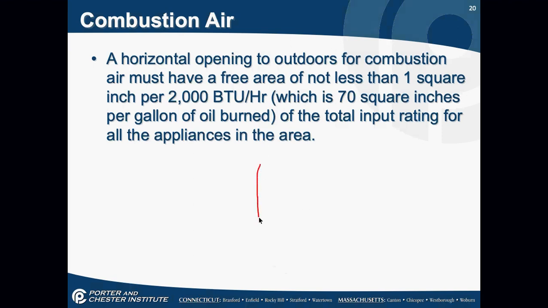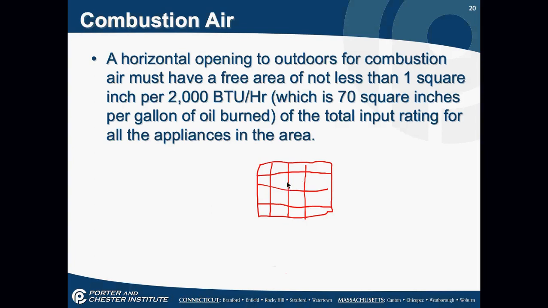Now, when we talk about free area, this is important. You have a grill, might have a bunch of cross sections. So in other words, we have a grill to prevent animals from getting into the house. When we're talking free area, it only is the holes in the grill. It doesn't take into account the cross sections and vertical braces of the grill.